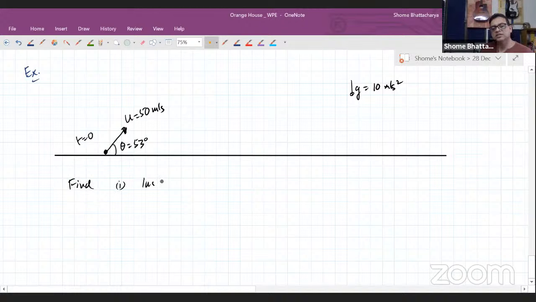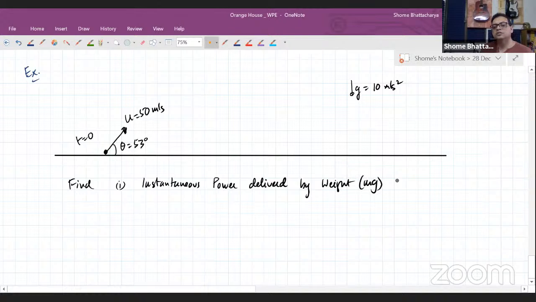the instantaneous power delivered by the weight mg of the particle. It has a mass m, which is also given to us. Suppose the mass is 2 kg.